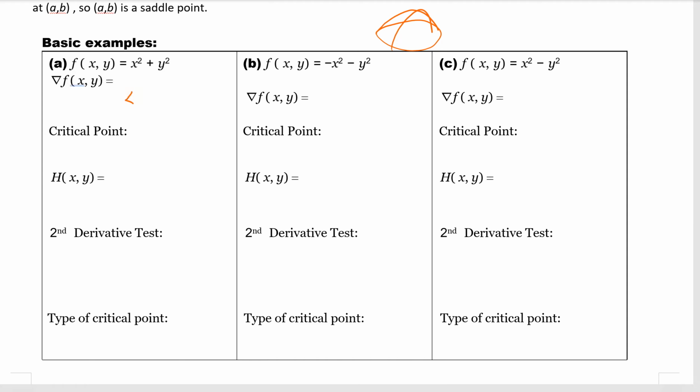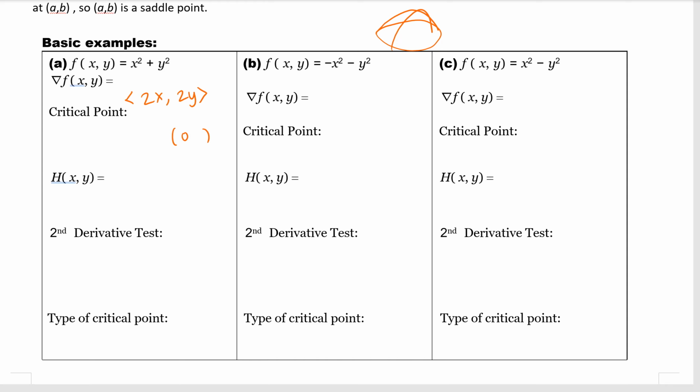What's partial f partial x? Well, that's 2x. How about partial f partial y? 2y. So what is the critical point? You set this equal to 0. So 2x equals 0, then x is 0. 2y is 0, so y is 0.